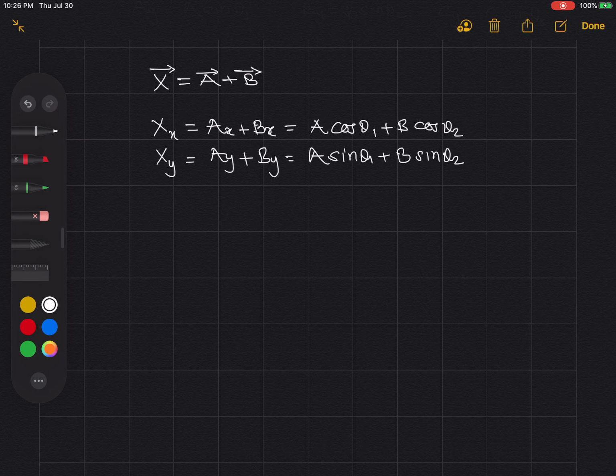Now the magnitude of vector x is simply the square root of x squared plus y squared.